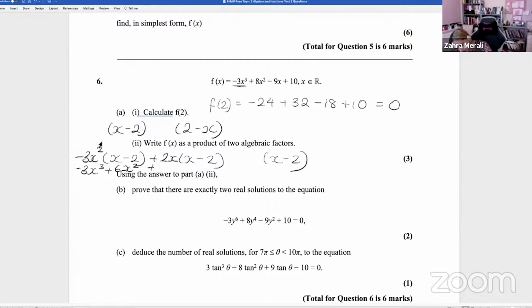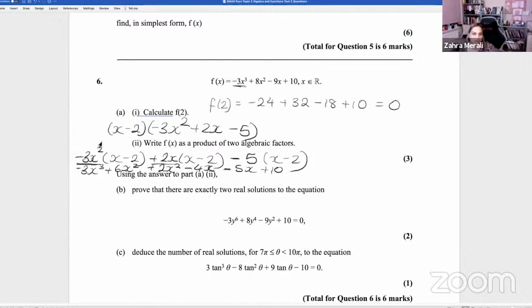So I get plus another 2x squared to give me the 8x squared, minus 4x, but I want minus 9x, so I need minus 5 here. So I get minus 5x plus 10. And so I can see my second bracket, because I've used the x minus 2, is going to be minus 3x squared plus 2x minus 5.